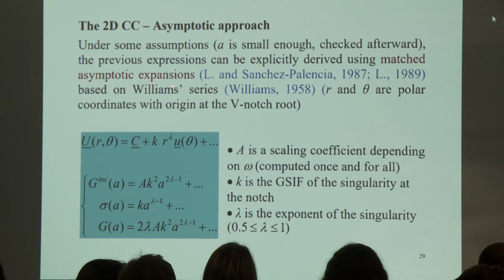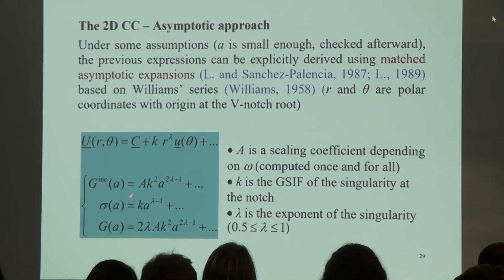For people who know matched asymptotic expansion, this is the first term of the inner behavior of the first term of the outer expansion. Okay. And G incremental in this case can be derived explicitly. There is a scaling coefficient A that can be computed once and for all for a given omega. And this is the square of the load here, and the crack length to the power 2 lambda minus 1. Lambda is a singularity exponent here.